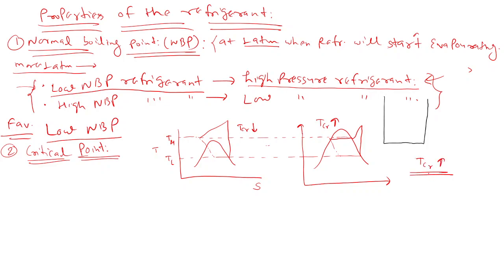Because sir, in that portion it won't get easily vaporized in comparison to the previous graph. No, what are you saying? Sir, critical point means at which temperature it would be vaporized easily.